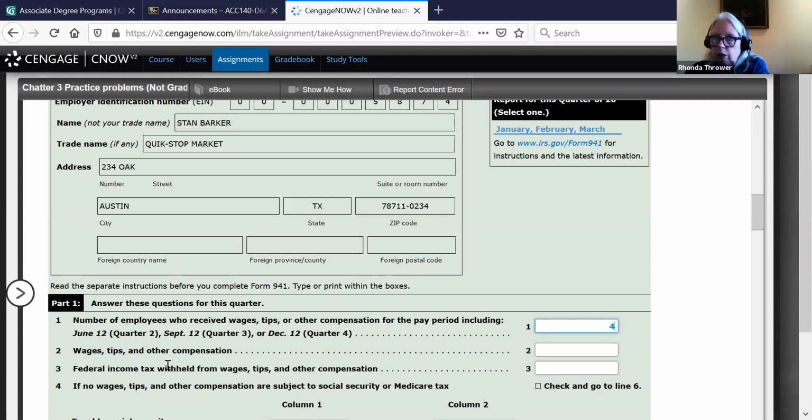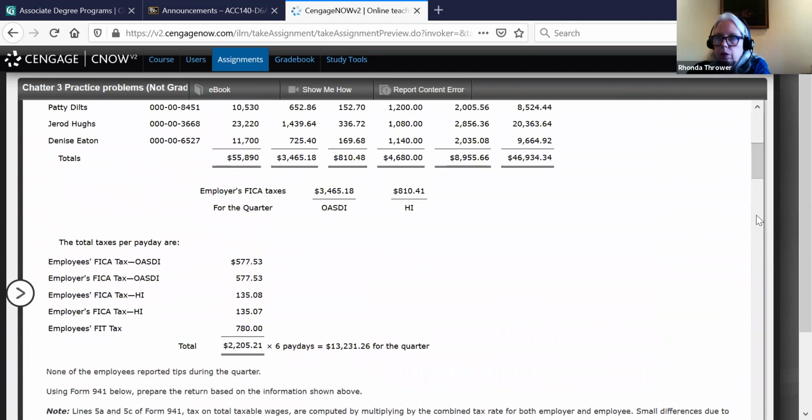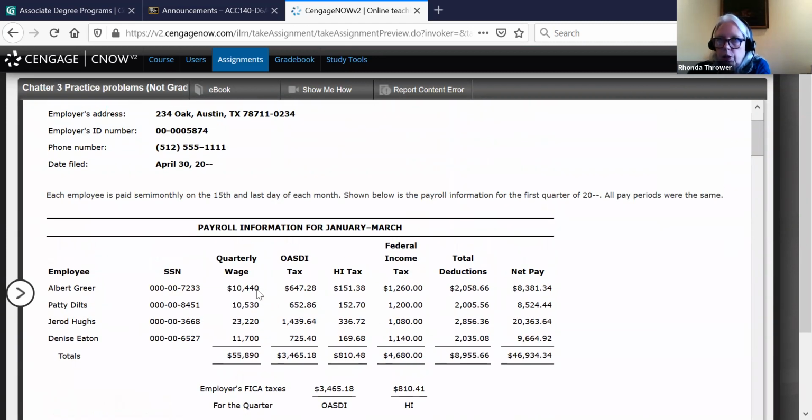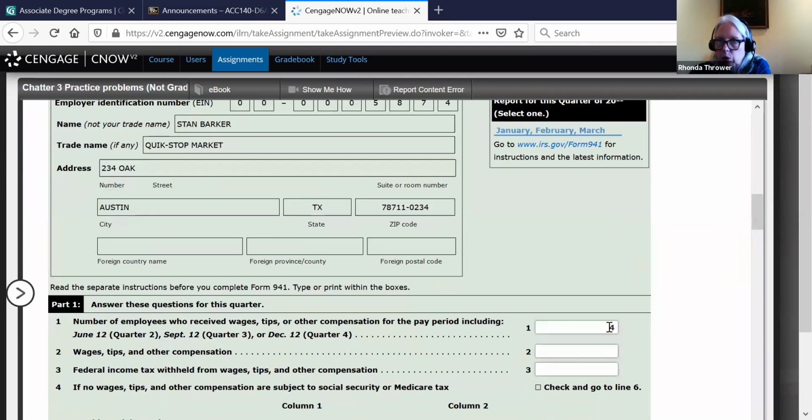The wages, tips, and compensation would go in line 2. The quarterly wages were $55,890. We're going to copy that and we're going to paste it in line 2.